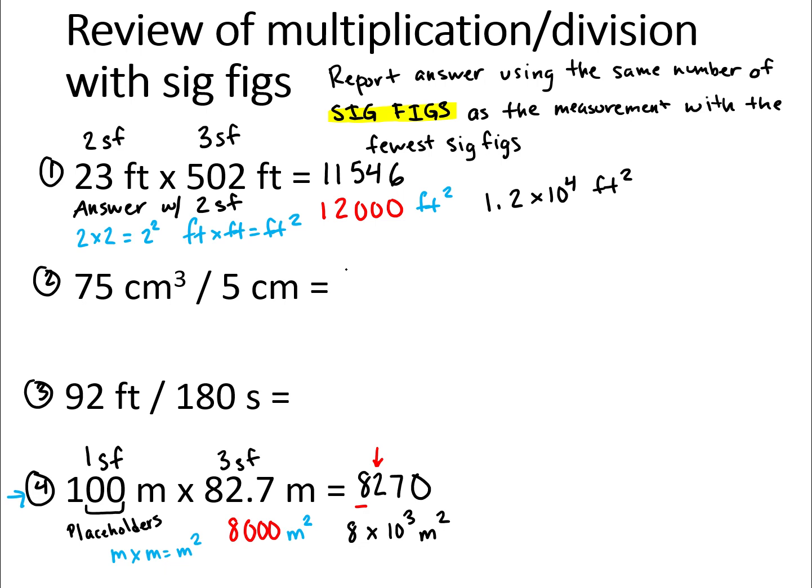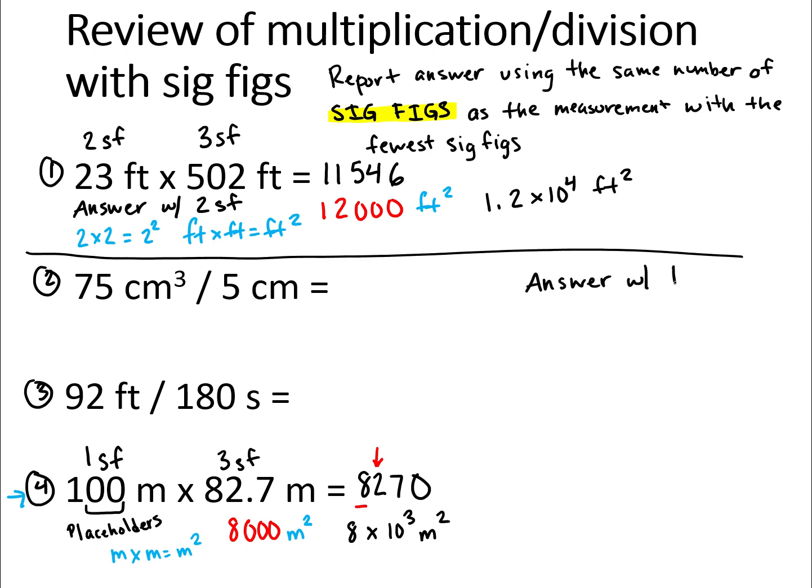Right. So our answer should have 1 sig fig. If you do that math, 75 divided by 5, you get 15.